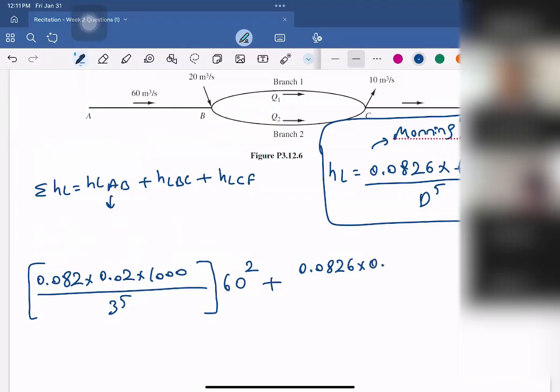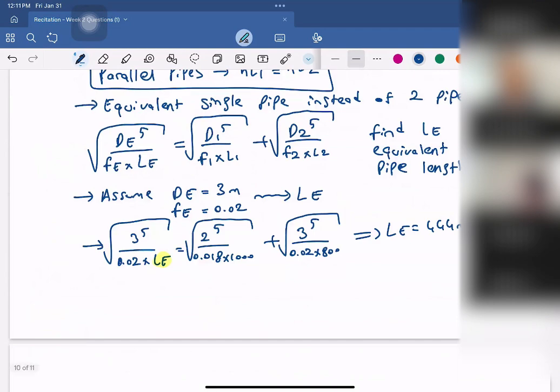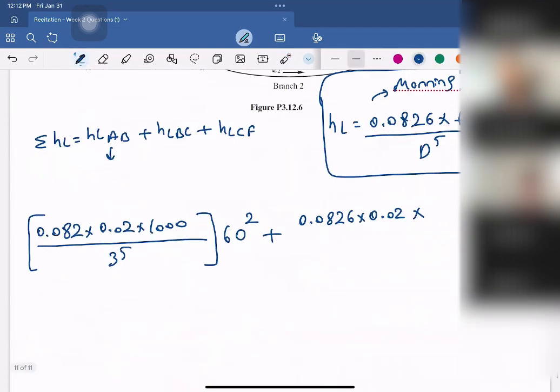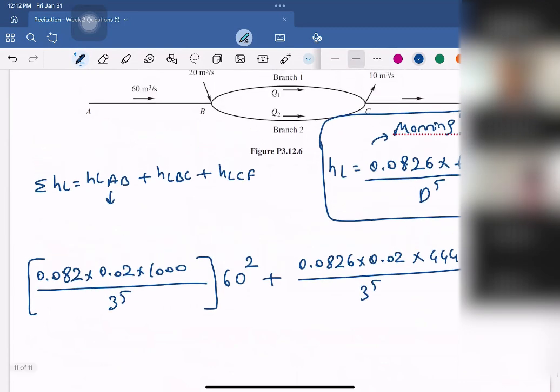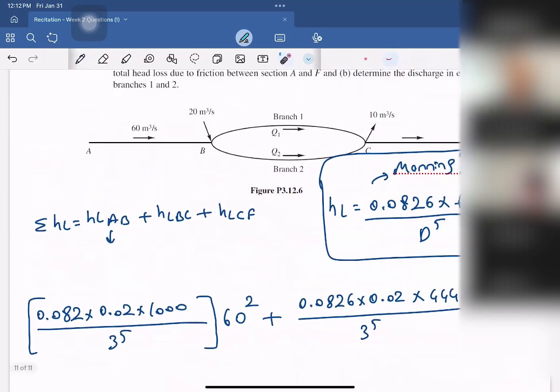Friction factor 0.02, and we are using the length that we found here. This time we have 80 cubic meters per second discharge, because we have 60 and 20, so it will be 80 in this pipe.